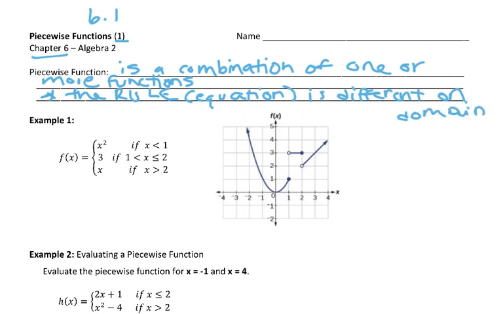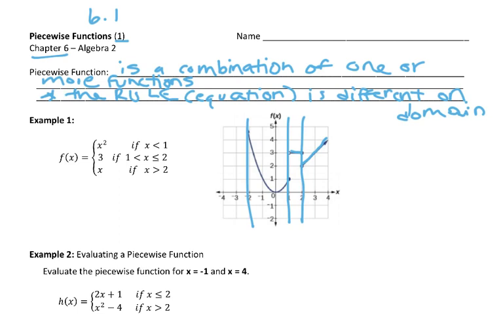So as you go through the graph of something, it's different based on where you are on the domain. For instance, as you can see here, our equation is one graph here, and then it separates to be this graph here, and then separates to be that graph there.